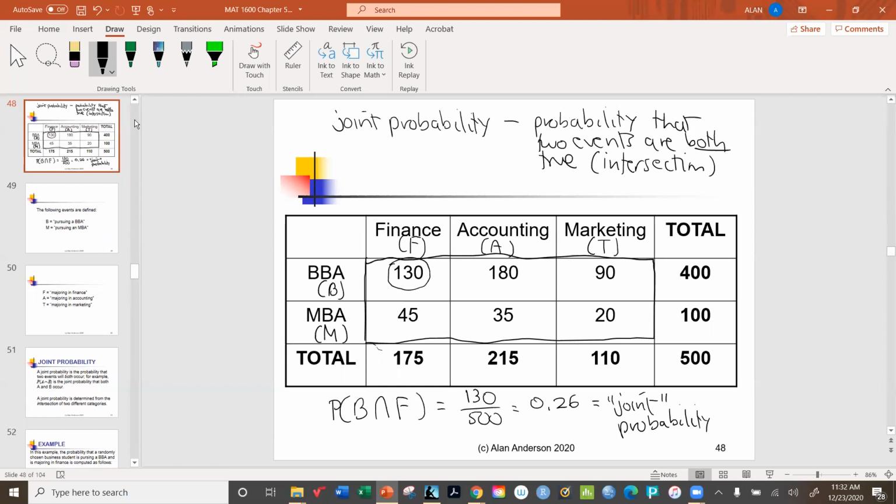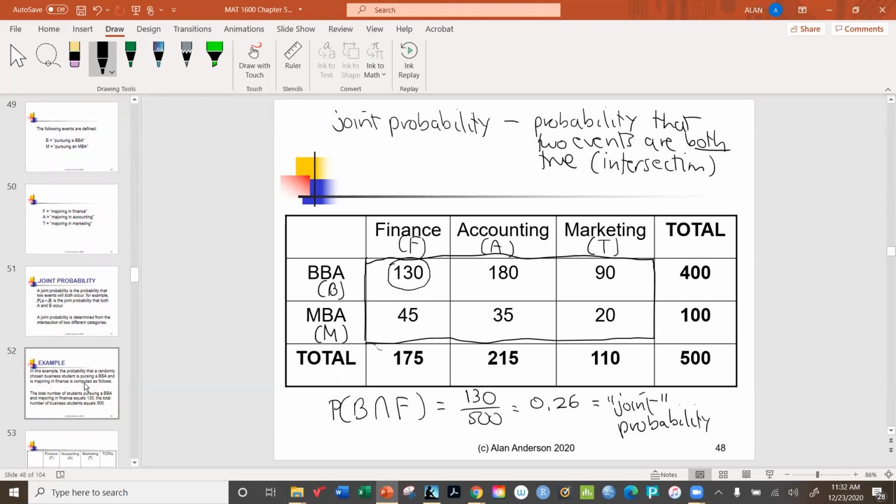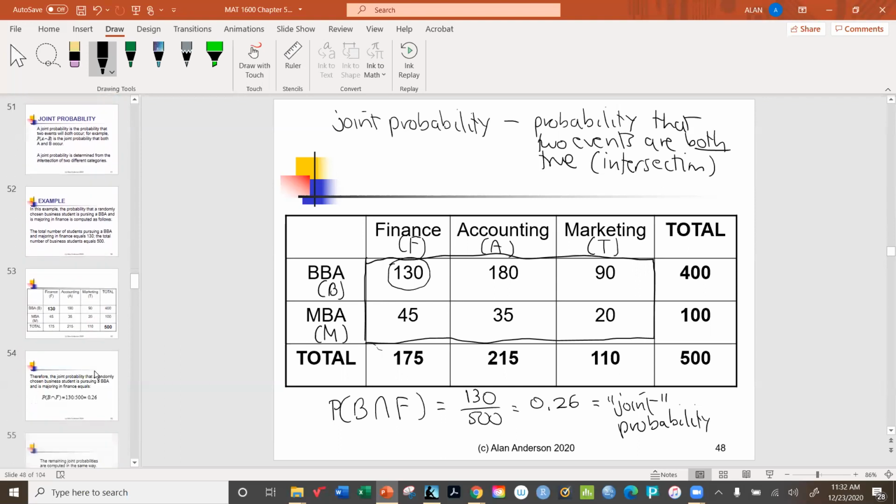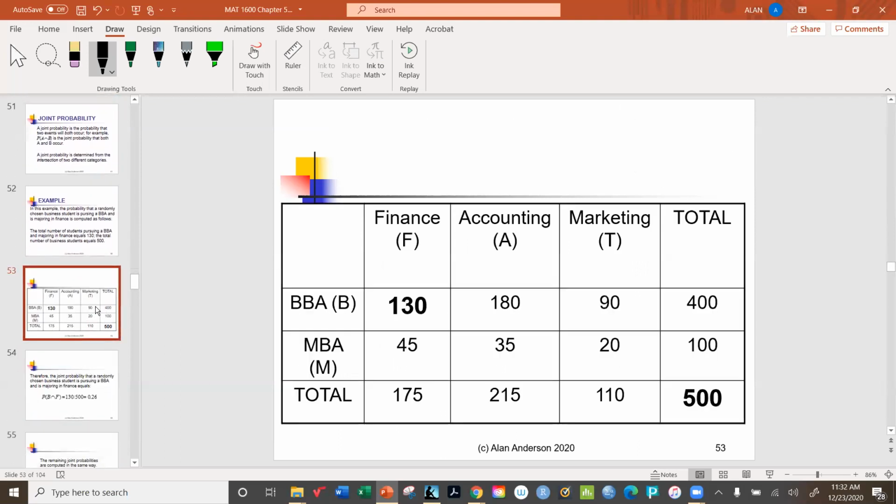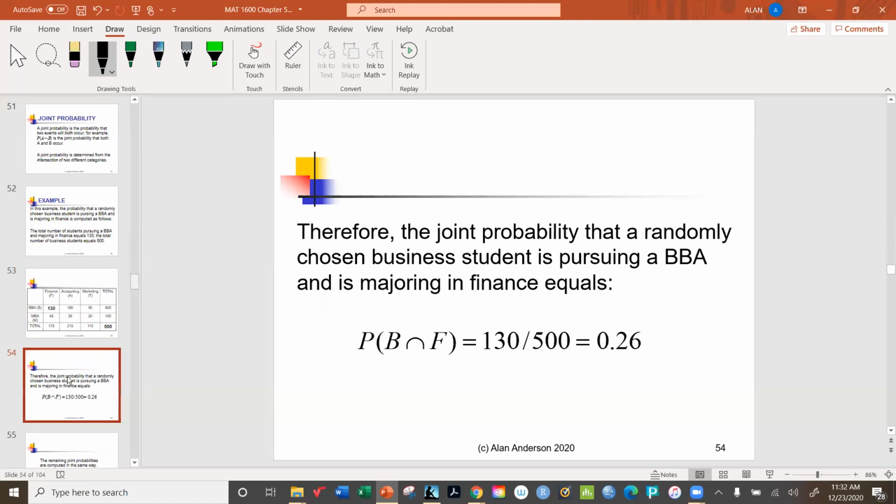All right, so what would be another example? Let's jump down ahead here. Oh, and by the way, here in the slides, what I've done is I've showed you, to make it as clear as possible, that what you're looking for is the ratio of these two numbers: the number of students getting a bachelor's degree in finance divided by the total of students in the entire business school, 26%.